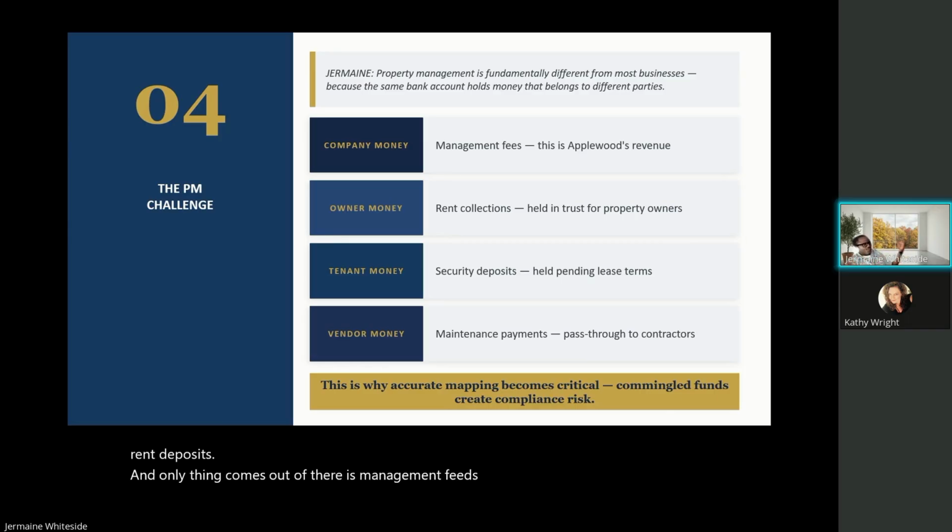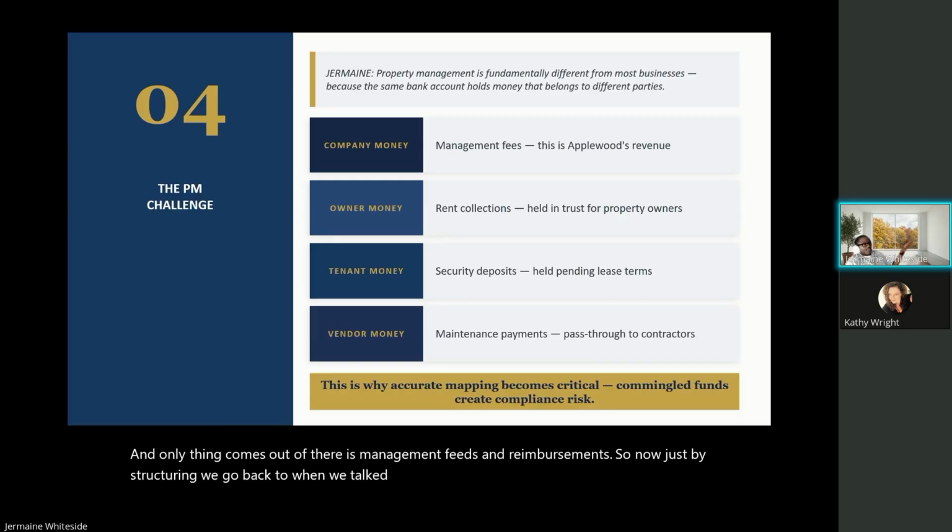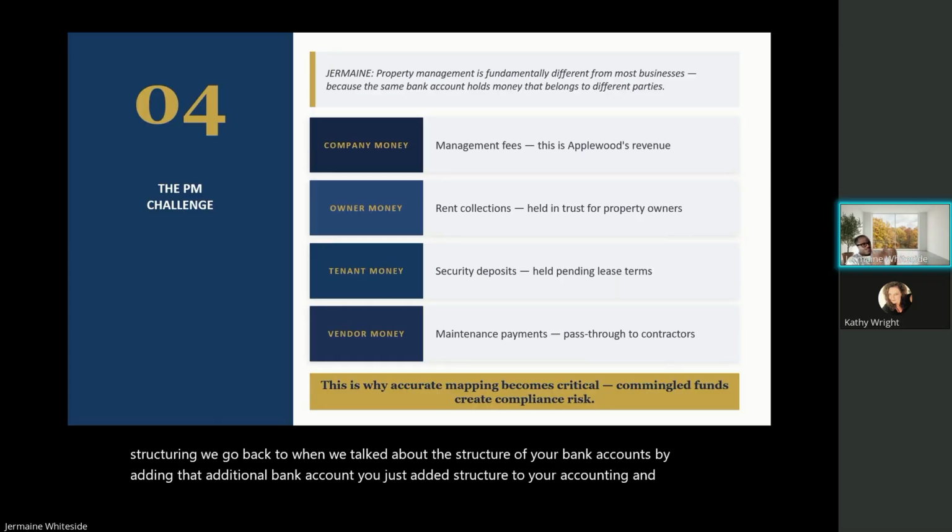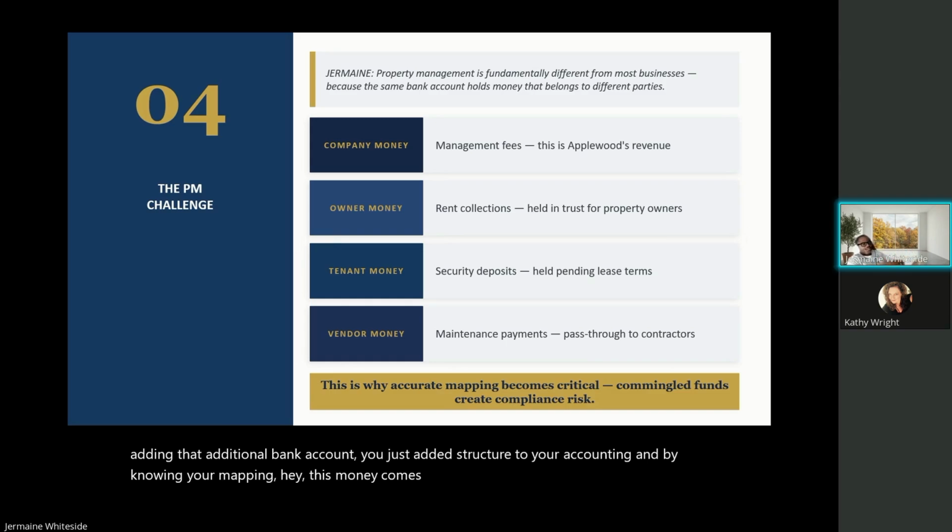So now, just by structuring, we go back to when we talked about the structure of your bank accounts. By adding that additional bank account, you just added structure to your accounting. And by knowing your mapping, hey, this money comes in, it's going to go in this bank account, you just streamlined your bookkeeping and understanding for your CPA and your accountant.